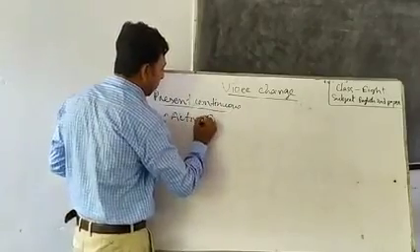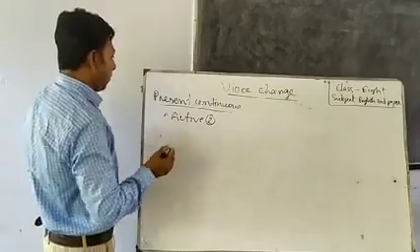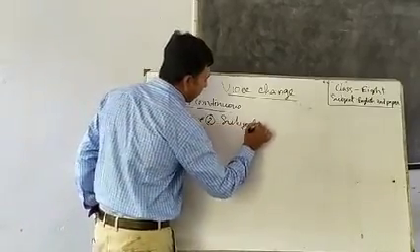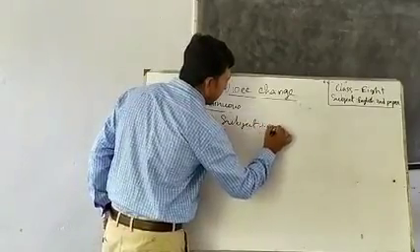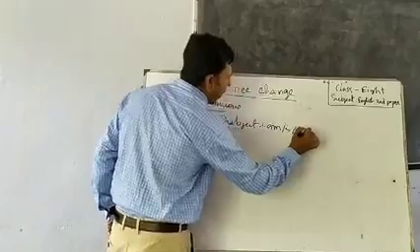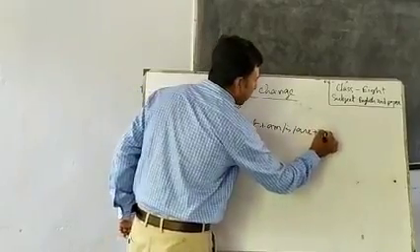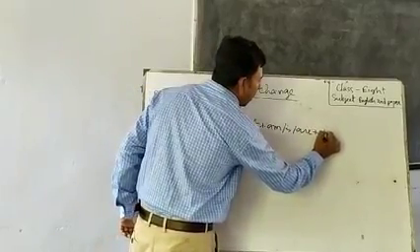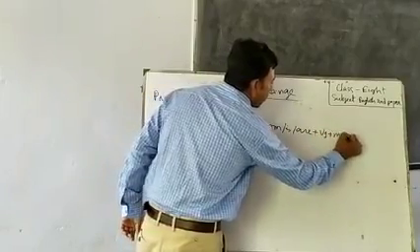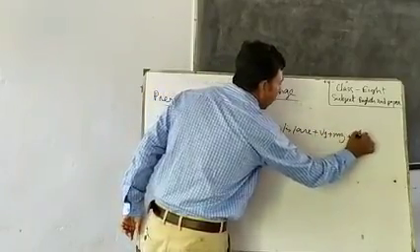Active 2: subject plus am, is, are plus verb 1 plus ing plus object.